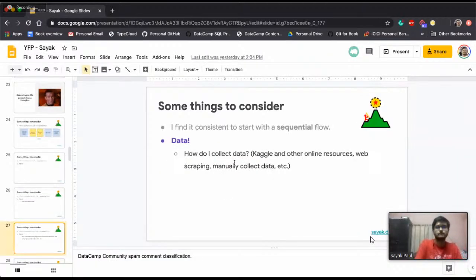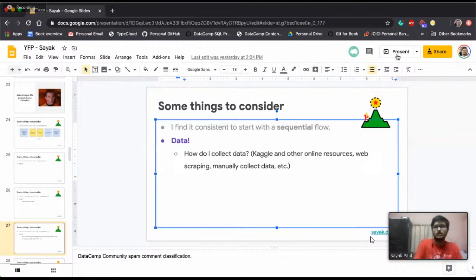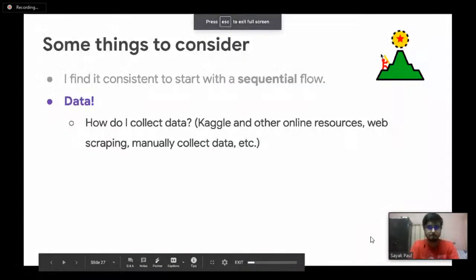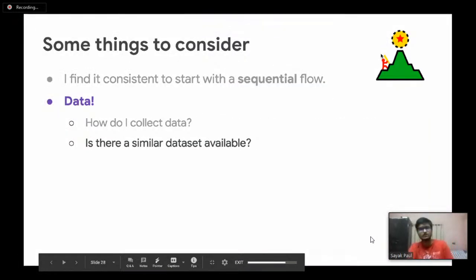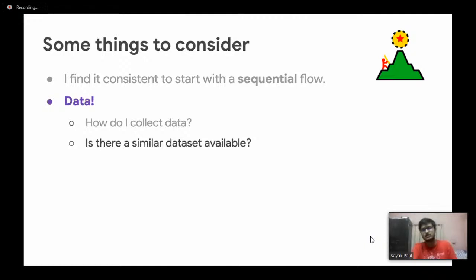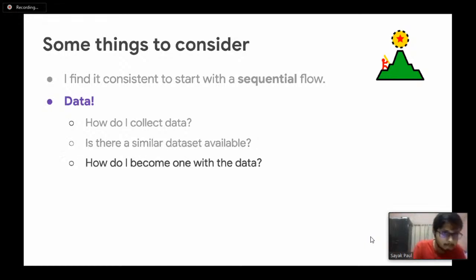Okay. Let's see. And as I mentioned, is there a similar data set available? Always ask yourself this question before proceeding towards manual collection of data or web scraping or whatever.